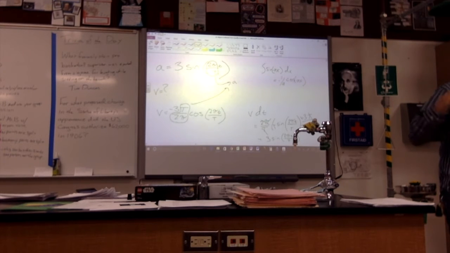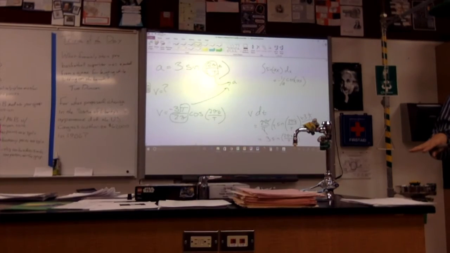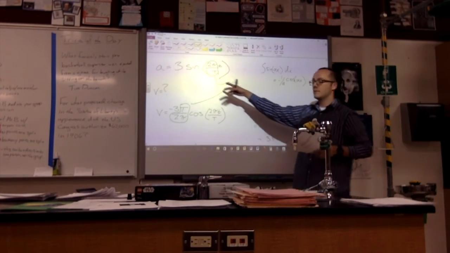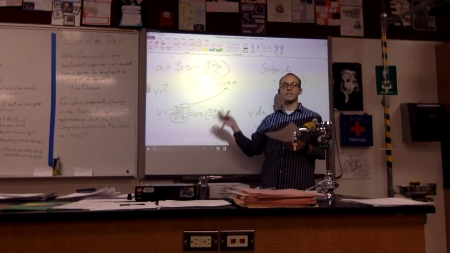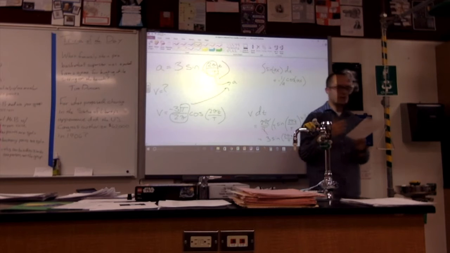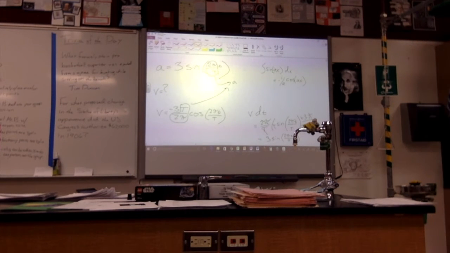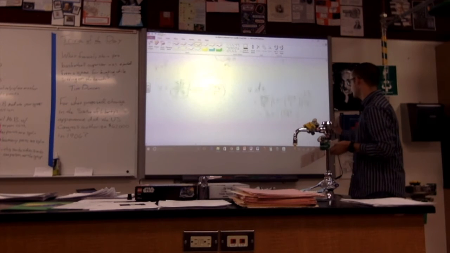For the purposes of the trig functions, when you take the derivative of sine, it's positive. When you take the derivative of cosine, it becomes negative. The opposite is true when you take the integral of sine, it's negative, and when you take the integral of cosine, it's positive. It's laid out on the formula sheet, so you don't have to memorize that. The main reason is that it cancels out.